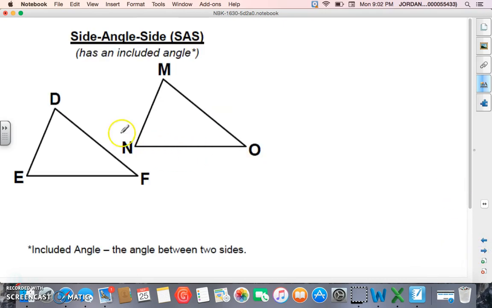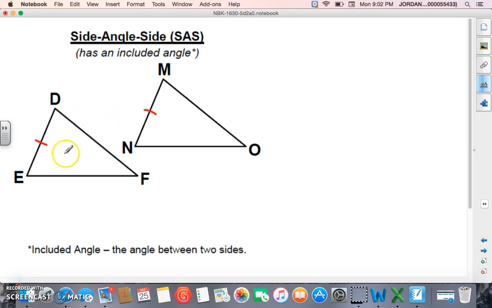So another way we can tell is side, angle, side. So notice it says it has an included angle. What that means is there's an angle in between two sides that are the same. So you've got an angle that's the same in between two sides that are the same. So right here, maybe I tell you DE is congruent to MN.